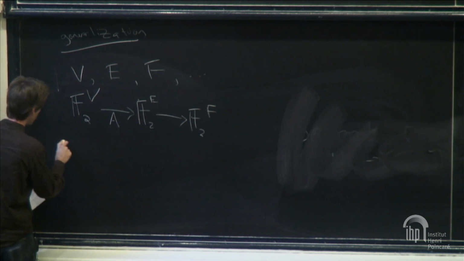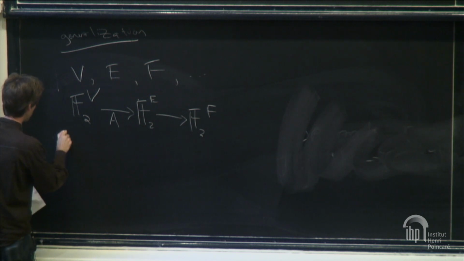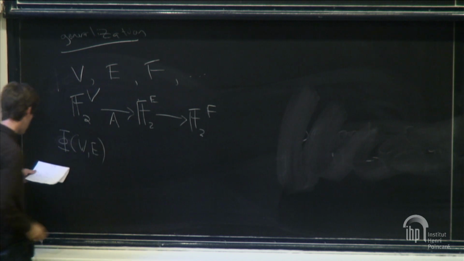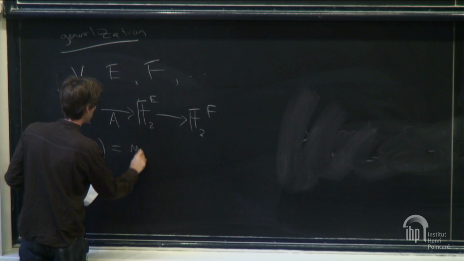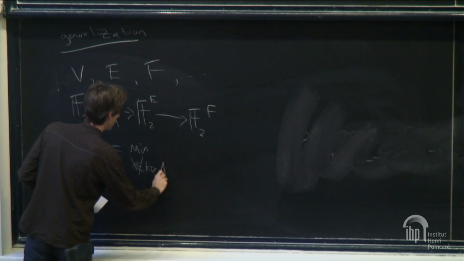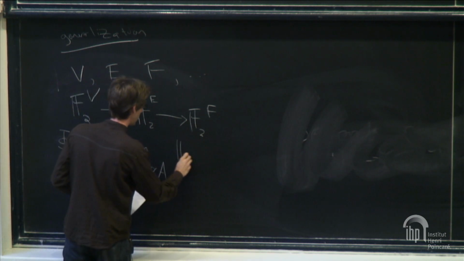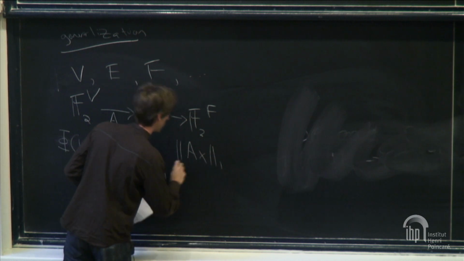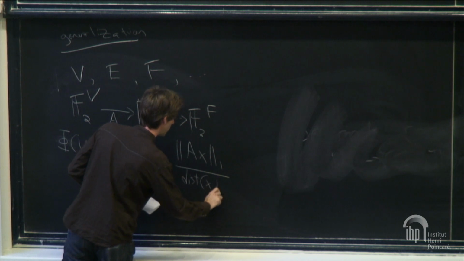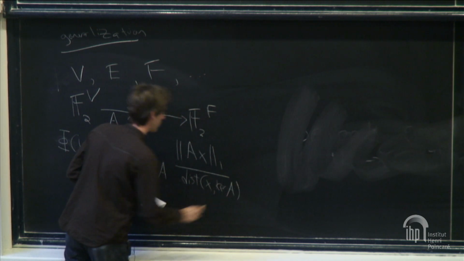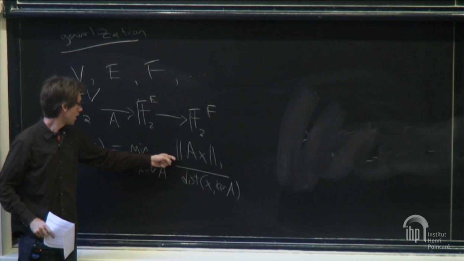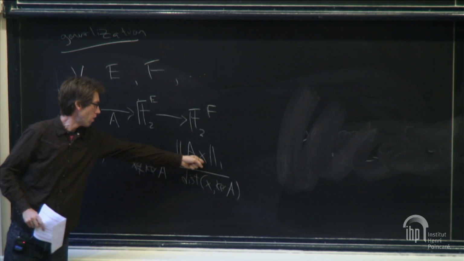And the expansion is just the minimum over X not in the kernel of A of the one norm of AX.